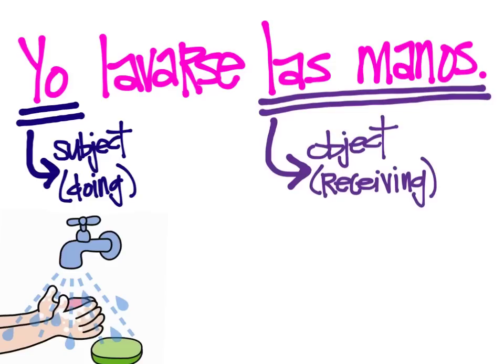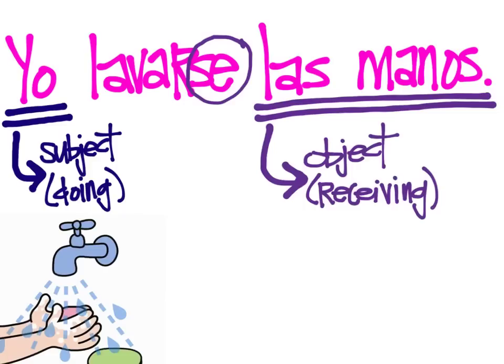So if you step back and act like you're washing your hands, do the motions, realize that you are doing the action of washing, but you are also receiving the action of washing. If you were to wash a baby's hands, or if you were to give a baby a bath, you are doing the action, but the baby is receiving the action. So that would not be an example of a reflexive sentence.